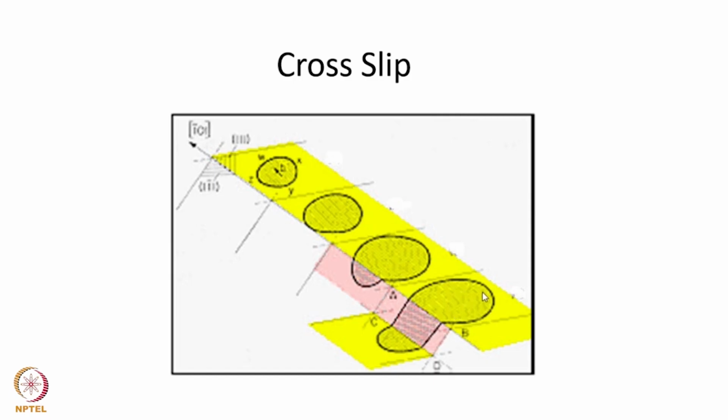Because it can easily cross over from one slip plane to another, and as a result of that, the movement of dislocations becomes easy, right?